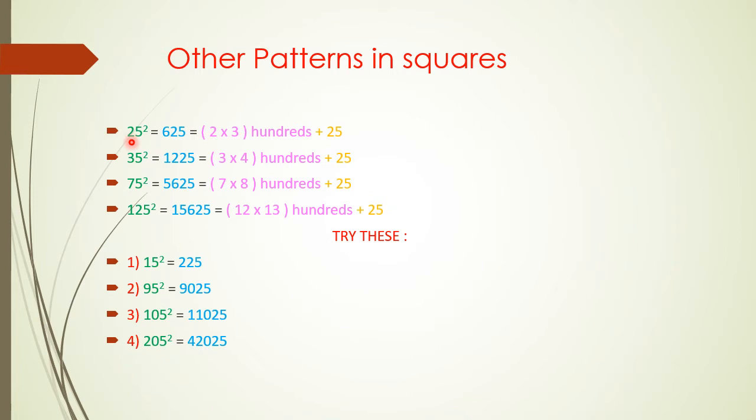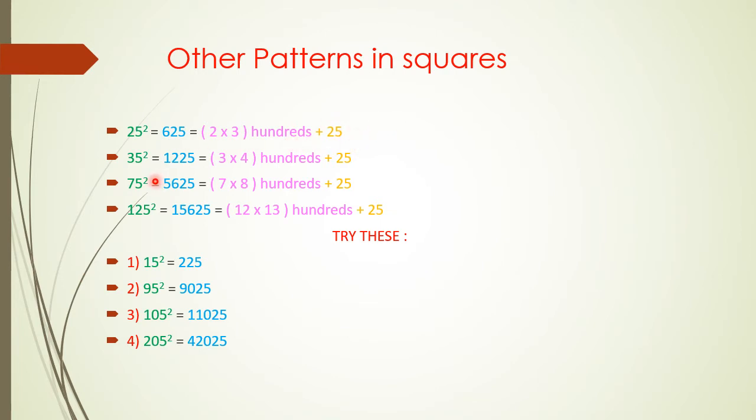So 2 and 3 multiplying, you get 6. Okay, so then 25 we write, and 625 you know it is 600 plus 25. So here the 6 we get by multiplying 2 into 3. Then for 600 we have to multiply the 6 by hundreds, plus 25.